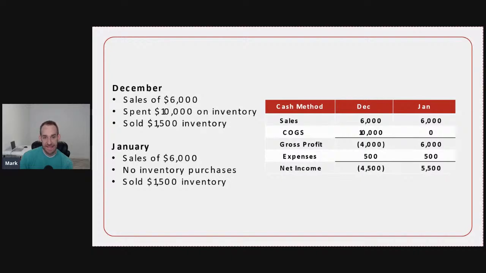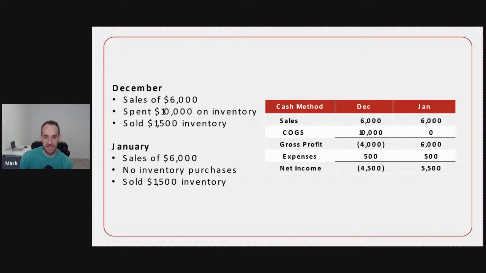You spent 10,000 on inventory. So using the cash method, you would deduct all of that 10,000 as cost of goods sold. And that would give you a gross profit of 4,000. Let's just say you had other expenses of 500, so your net income is 4,500. The fact that you sold $1,500 of inventory doesn't affect anything because you don't deduct it when it sells. You deduct it when you purchase it.